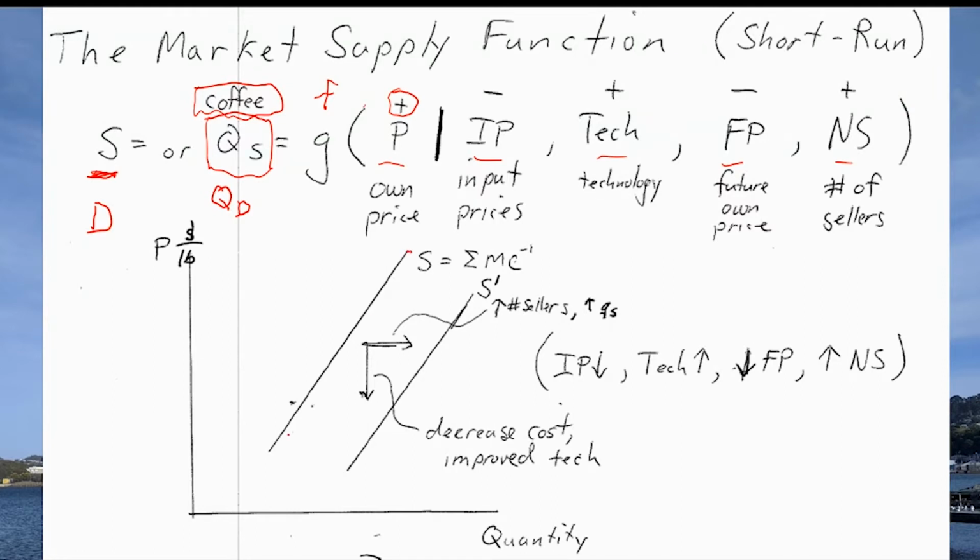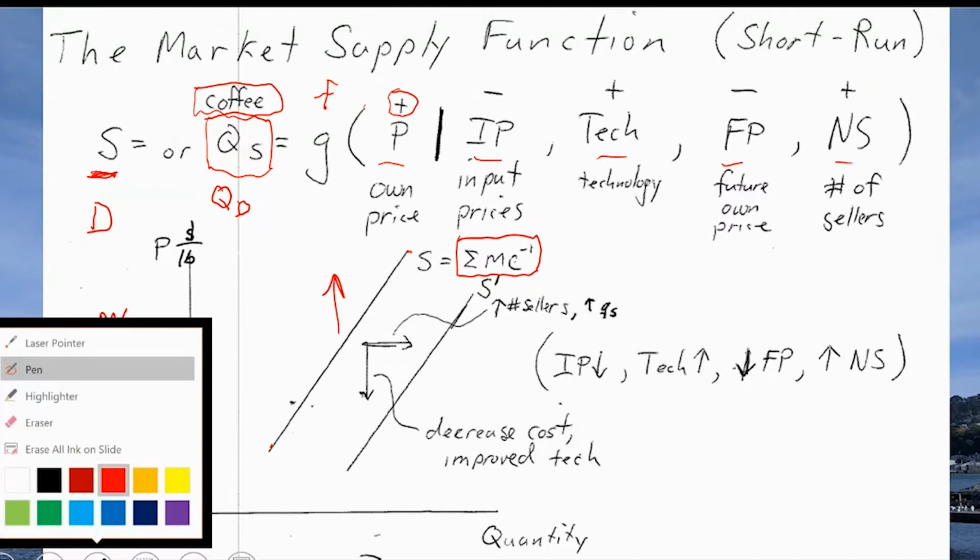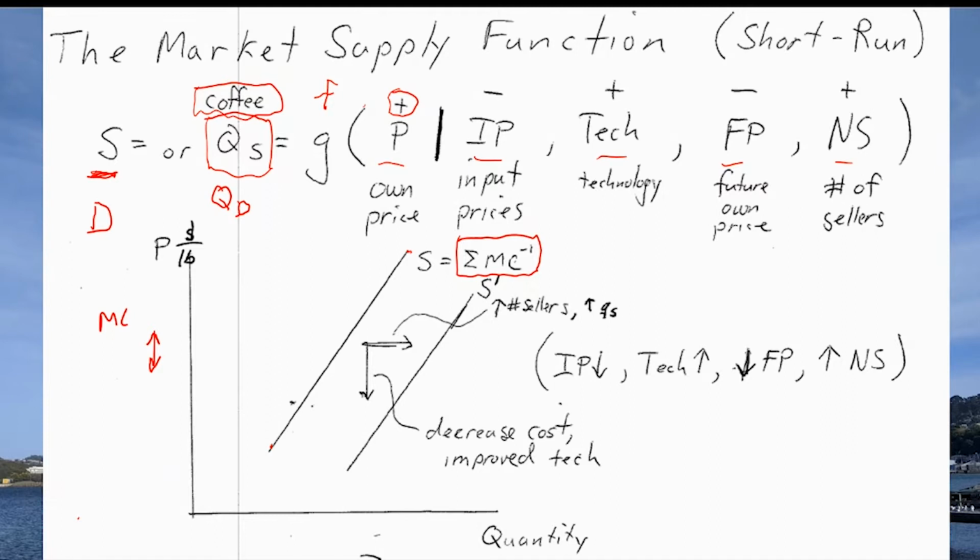Down here in the graph we can see a supply function plotted, upward sloping. Notice I've written it as the summation of the inverse of the marginal cost. Marginal cost is measured on this axis here. If we added up marginal cost without the -1, we'd be adding things up this way, and I don't want to do that. I want to add up marginal cost in the other direction, along the horizontal or quantity axis, and to do that we need the little minus sign up here. A technical point, this is not that important or noteworthy.